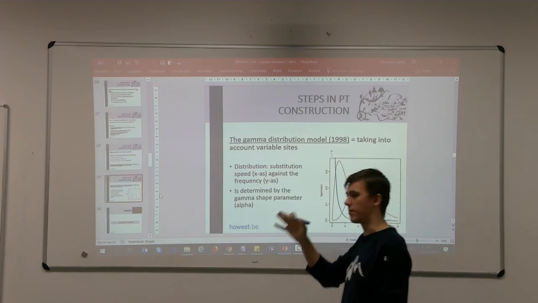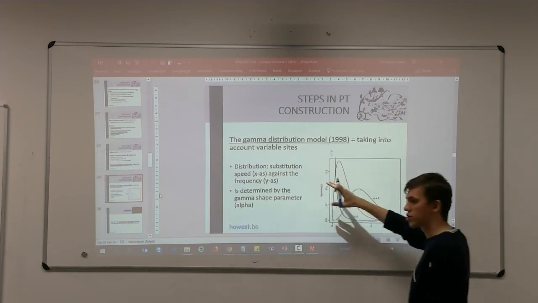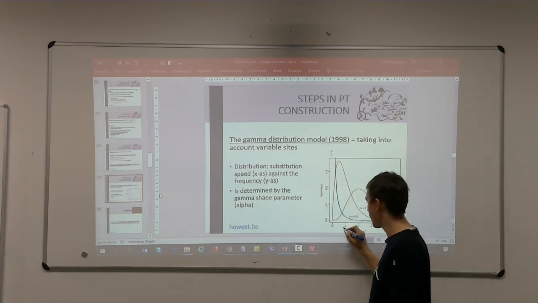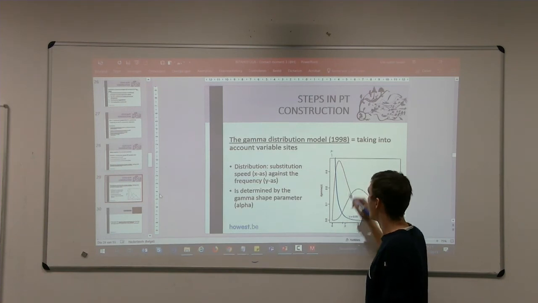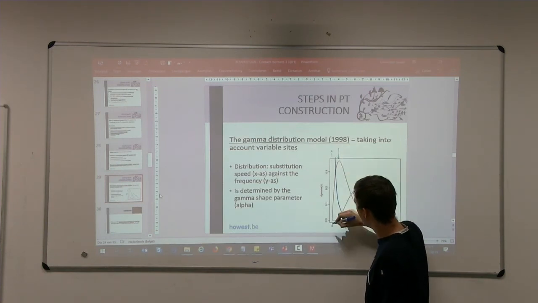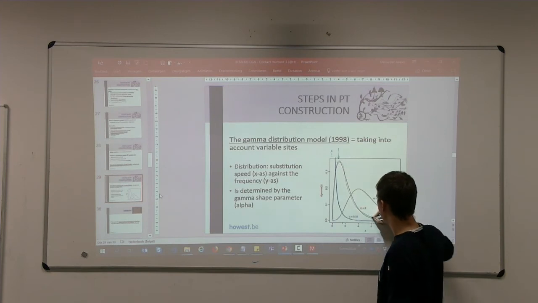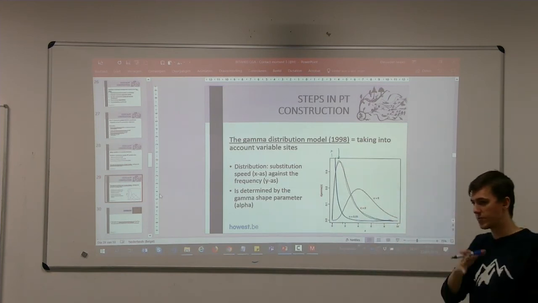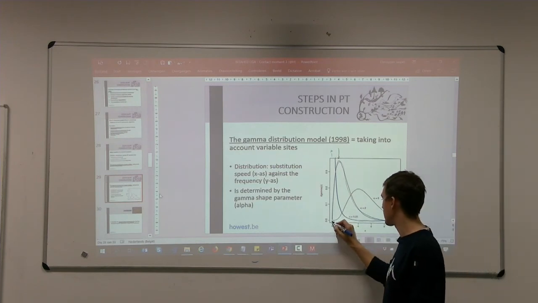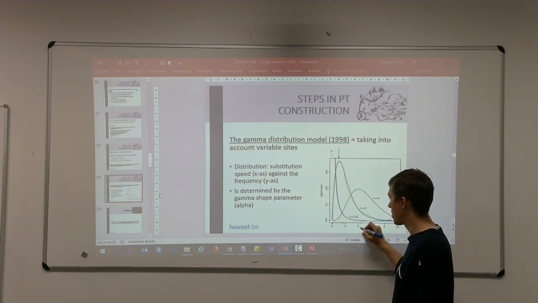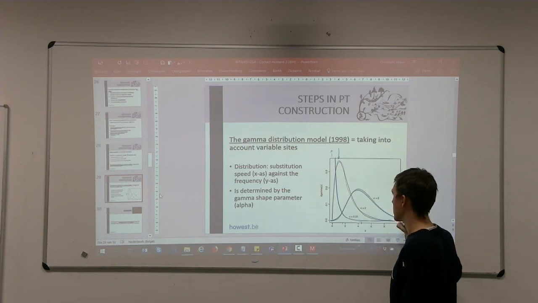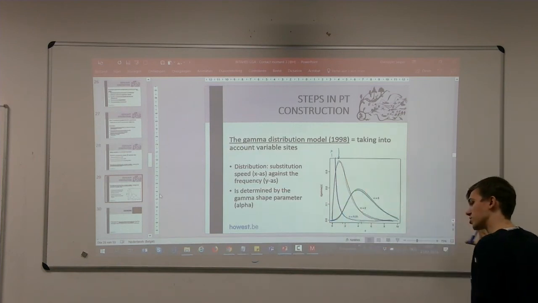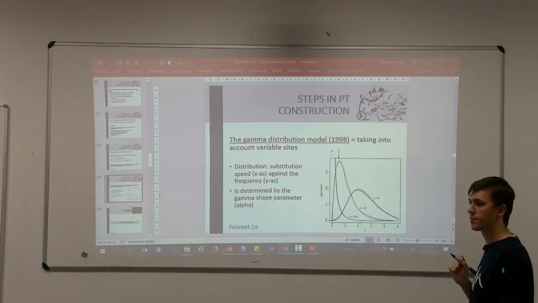If there is some variability, this curve will start to shift, meaning that we will have higher speeds of evolution, but with a lower frequency. And then we have this red curve. If there is a high amount of differences in speed over sites, we will see that there are higher speeds, but with a very low frequency. And this way, this curve is shifting from left to right.